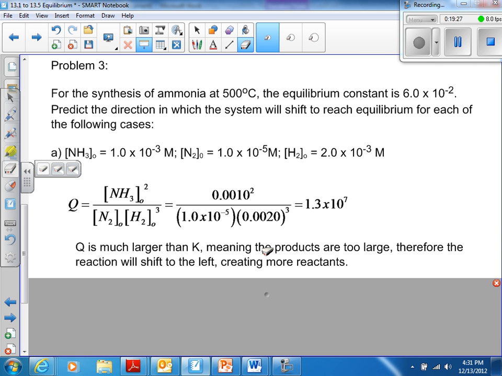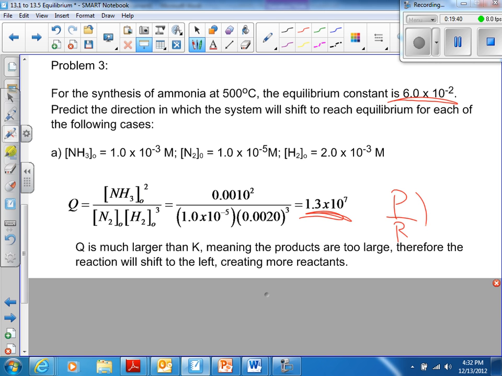So, we note that this Q is much bigger than this K. Q is too big. Q is products over reactants initially.